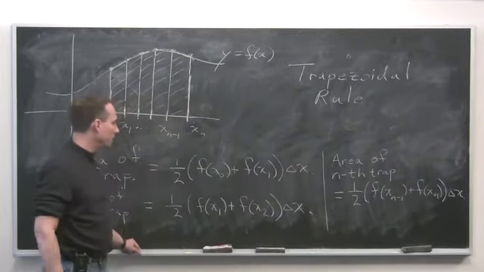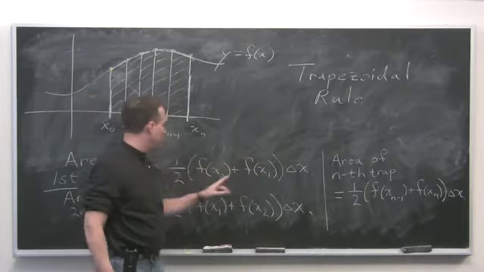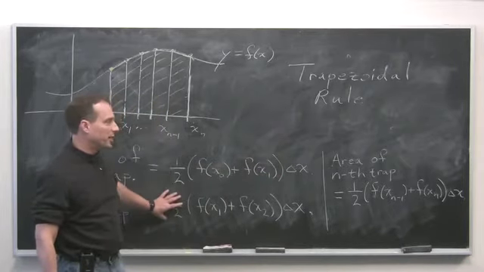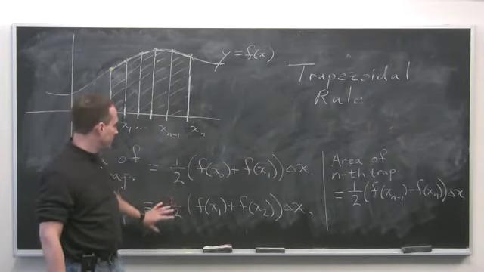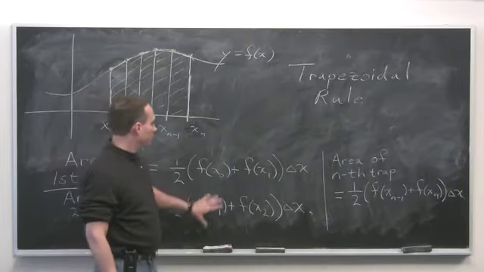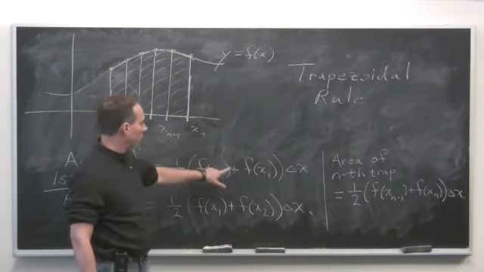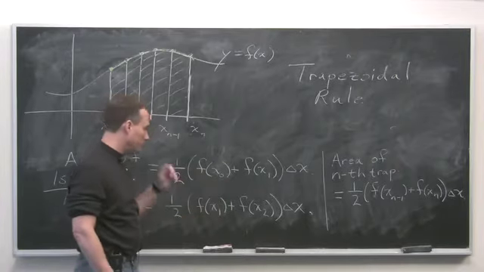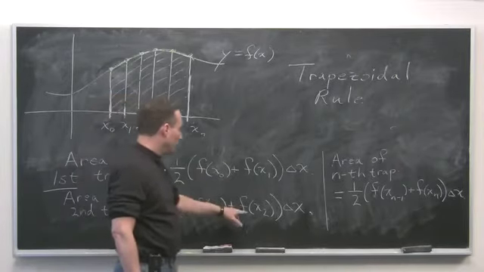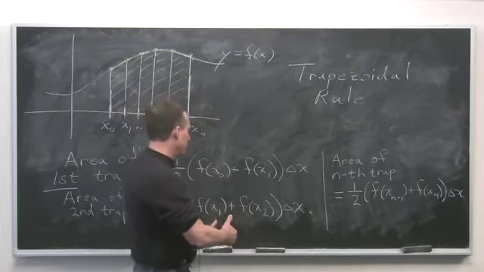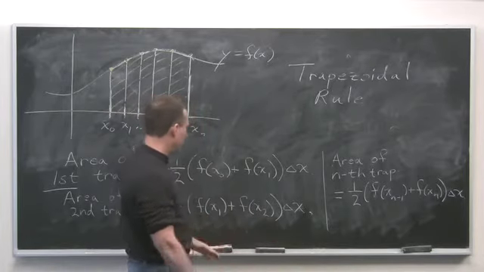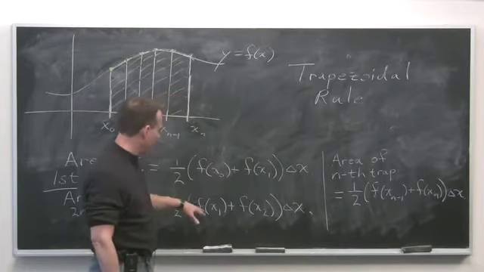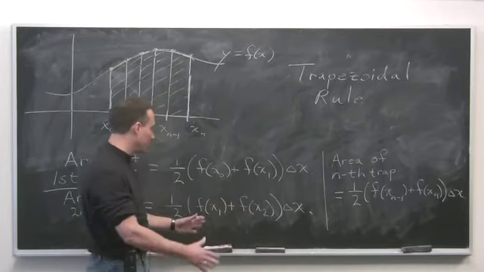What happens when you add these together? Well, each one has a delta x over 2, so we'll put that out in front. You get a delta x over 2, and then when you add these together, you get f of x naught plus f of x1 plus another f of x1, so you get 2 times f of x1. You'd also get 2 times f of x2 because the area of the next trapezoid would have an f of x2 plus f of x3.